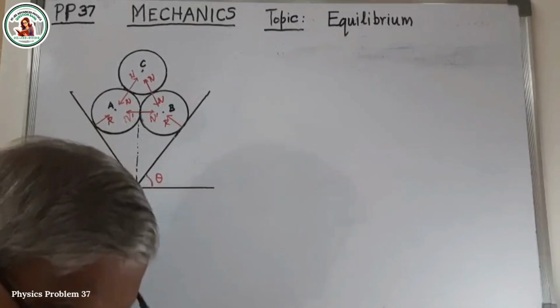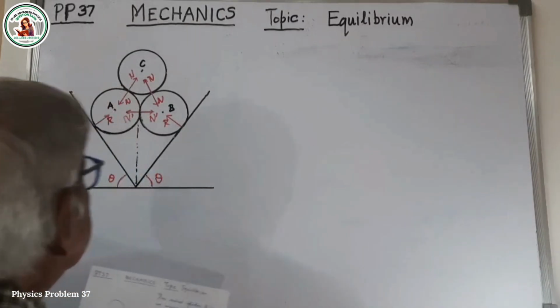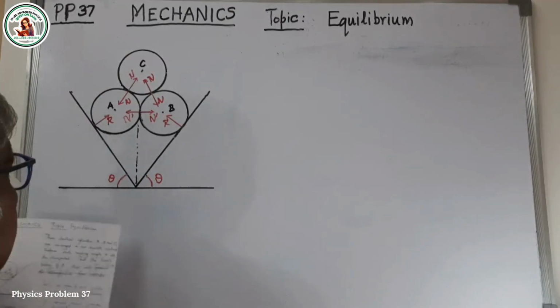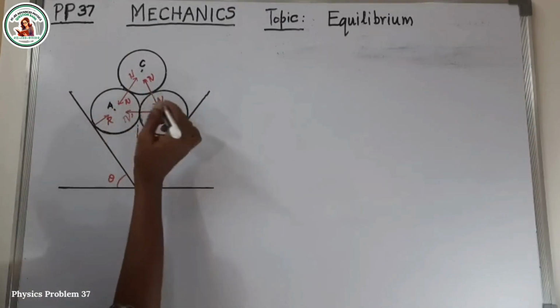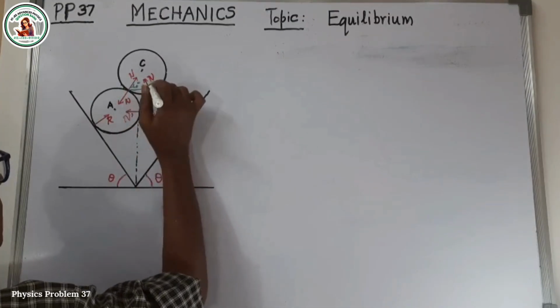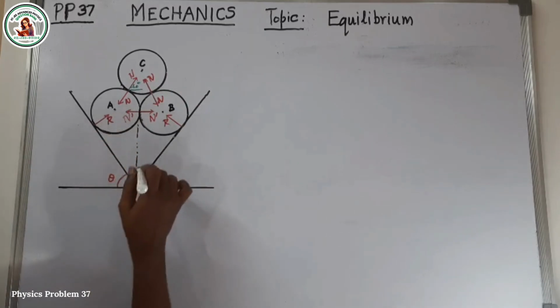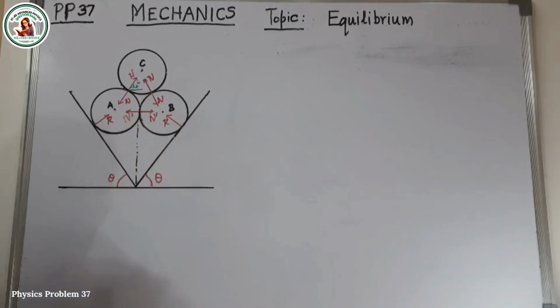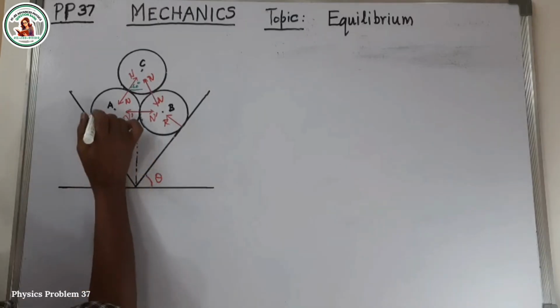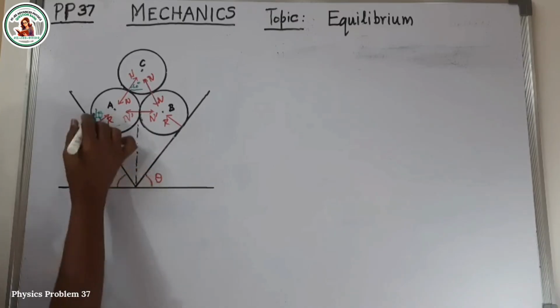We mark some angles on the board first. This ABC is an equilateral triangle, so this angle must be 60 degrees. Then the normal reaction R will make angle theta, because this is theta, so this must be theta.